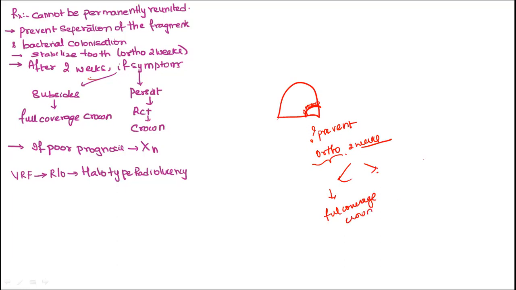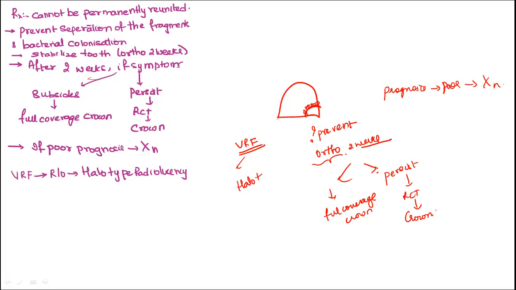But if the symptoms still persist, then you go for root canal treatment followed by a crown. Okay, and if the prognosis is poor, you do extraction. Okay, vertical root fracture, when you observe in radiograph, you see that there is halo type of radiolucency.